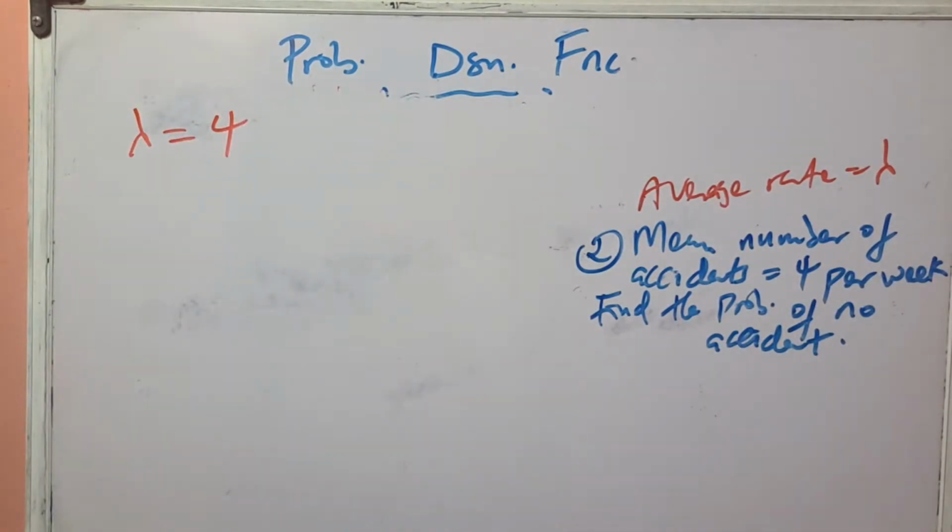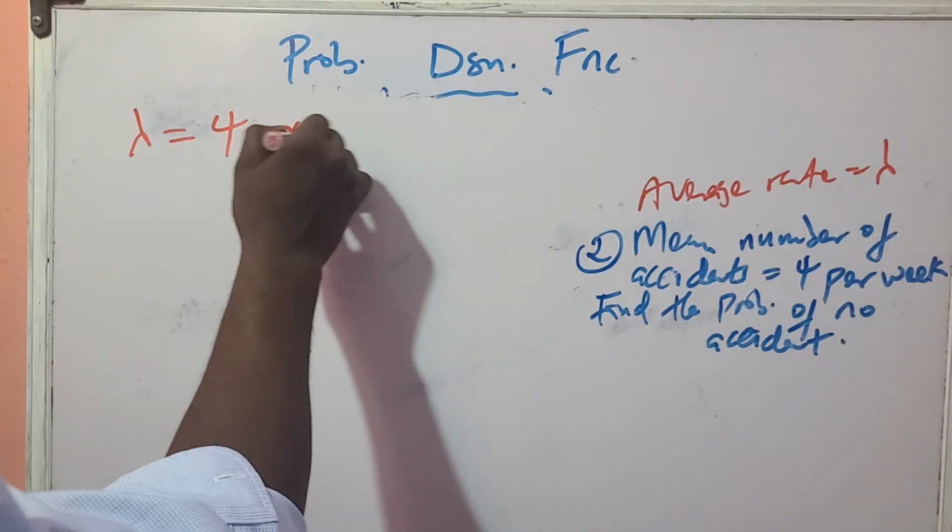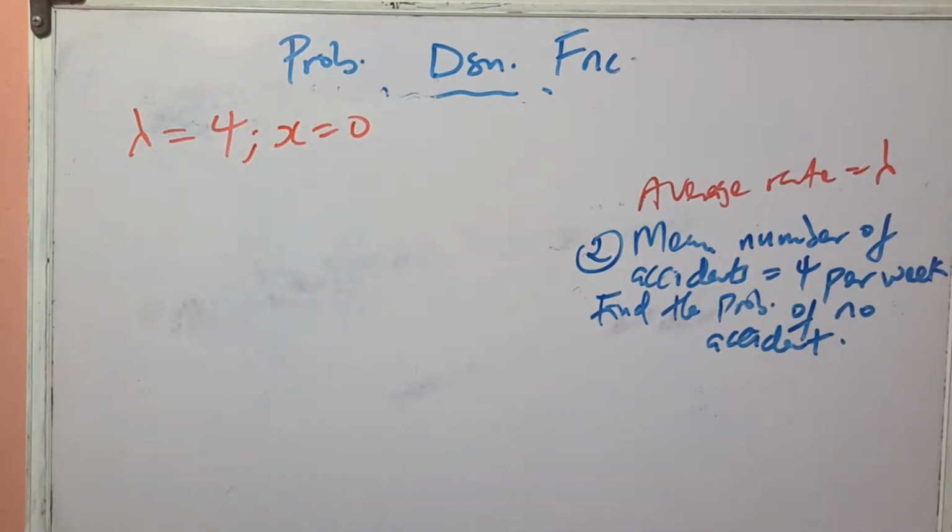All right, lambda equals 4 in this case. So the question said you should find the probability of no accident. No accident means, in this case, the number of successes, which we call x, will be equal to 0, because they said no accident.